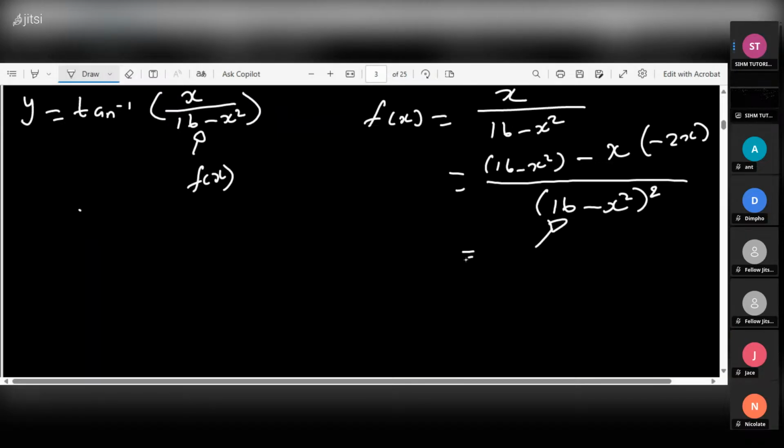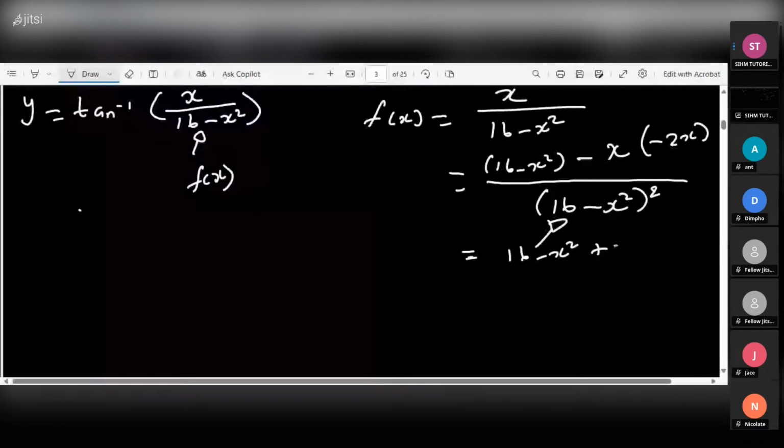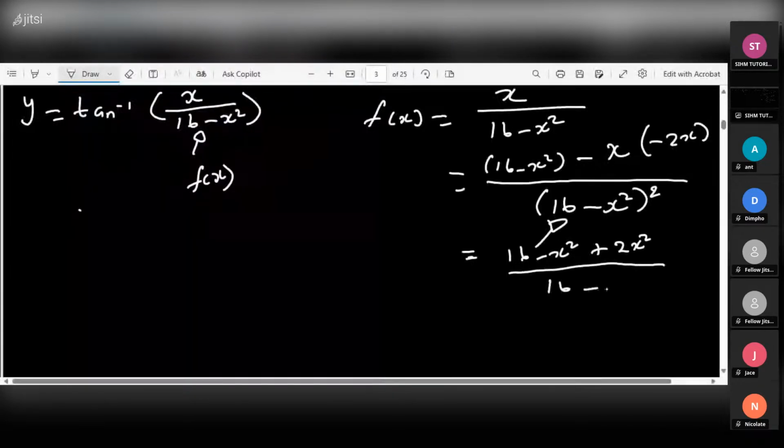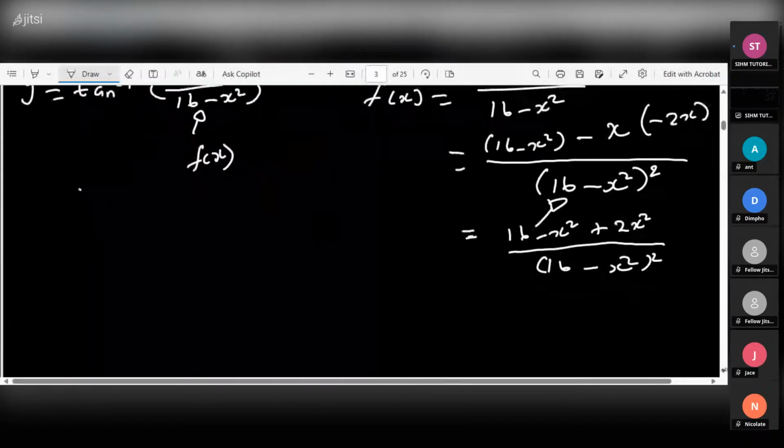Let's work this one out. 16 minus x squared minus x times minus 2x. So here you're going to get 16 minus x squared plus what? Plus 2x squared. As you see, negative and negative, and then all divided by 16 minus x squared all squared. If you check, we have like terms there, so we're going to simplify.